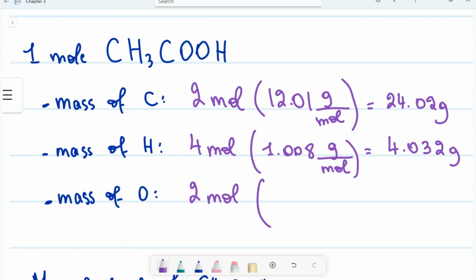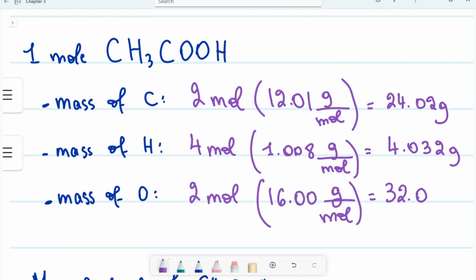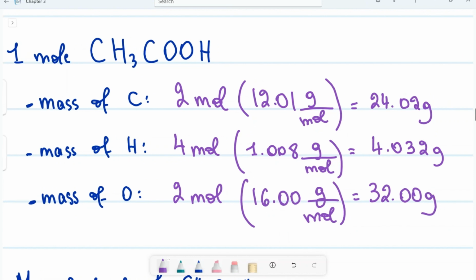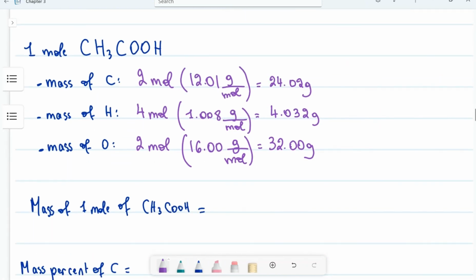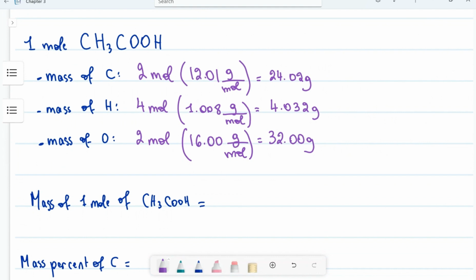Again, we look in the periodic table, so we multiply the 2 moles by 16.00 grams per mole. This would give us 32.00 grams. So after finding the mass of C, the mass of H, the mass of O, let us find the mass of the entire mole of CH3COOH.